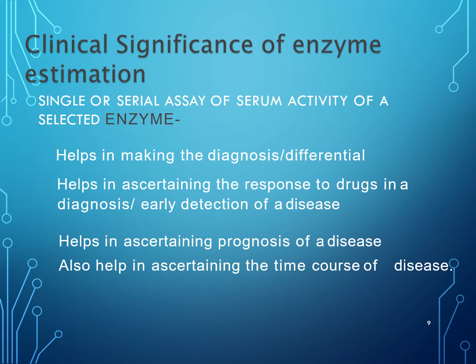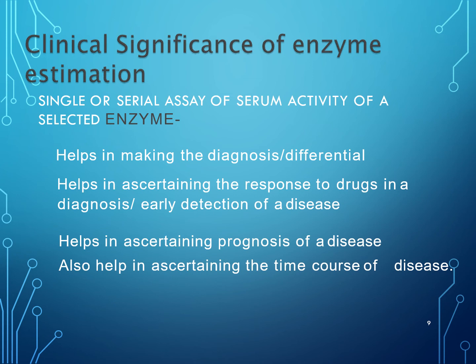What is the clinical significance of enzyme estimation, and how can it be useful in assessing disease? A single or serial assay of the serum activity of a selected enzyme may help us in making the diagnosis, and it also helps in ascertaining the response to drugs.